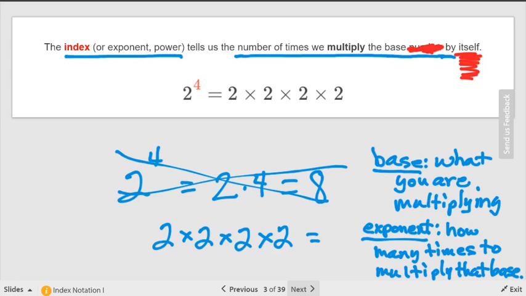So the base tells you what you're multiplying, and the exponent tells you how many times to multiply that base. Look familiar? Seen it before? Yeah? Okay, did you remember that it was called the base?